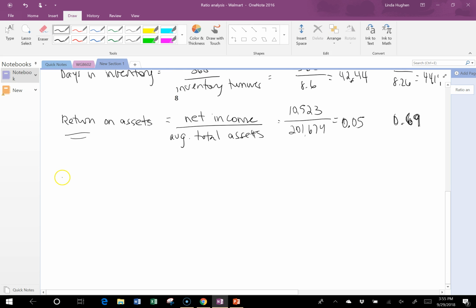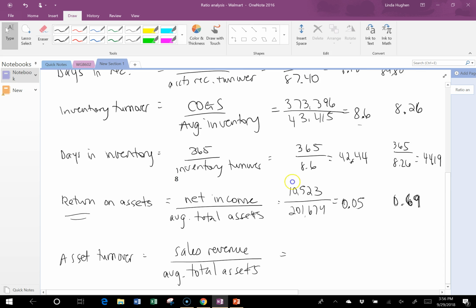The next measure we're going to look at is asset turnover. And that is equal to sales revenue divided by average total assets. How well did the investment in total assets produce revenue? So our sales revenue, have we used sales?